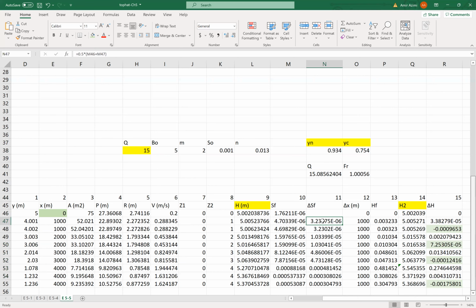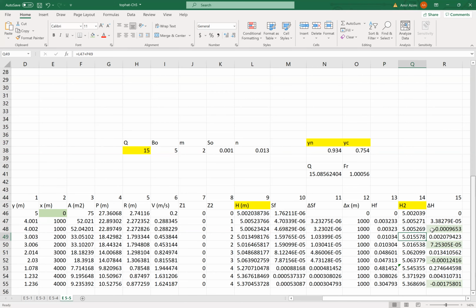Here, the calculation up to column 11 is the same. But when you do the second trial, you calculate it with the previous point, not with the previous row. Then here you calculate the energy loss, and here you have the previous point, the energy at the previous point.